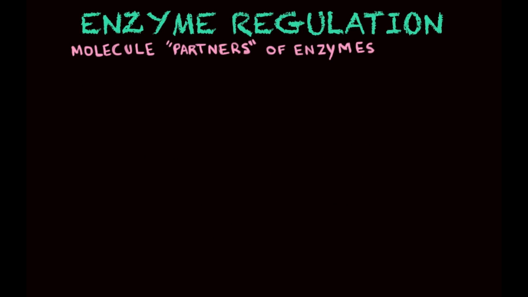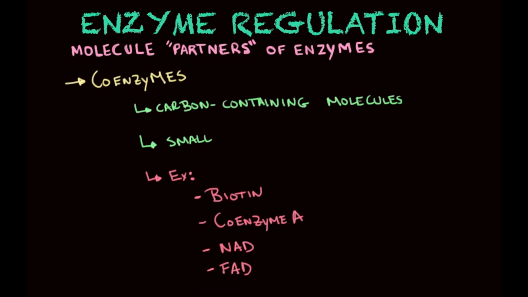The other one is coenzymes, which are carbon-containing molecules, usually smaller than the actual enzymes, but these coenzymes will bind to the main enzymes and help them perform their function. Now, usually coenzymes are either vitamins or biotin, coenzyme A, NAD, and FAD.